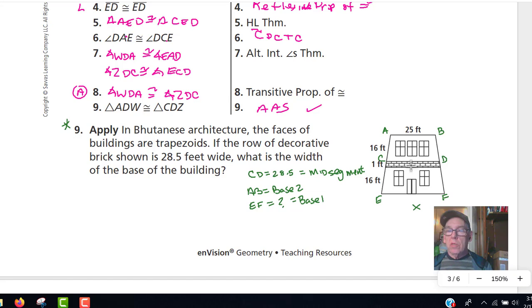And this mid-segment length, they're telling us, is 28.5. So AB plus EF equals twice 28.5, and you need to find out what EF is. So what's the length of EF? And this is in feet, so units also need to have feet.